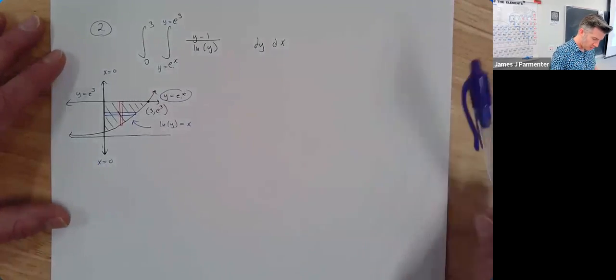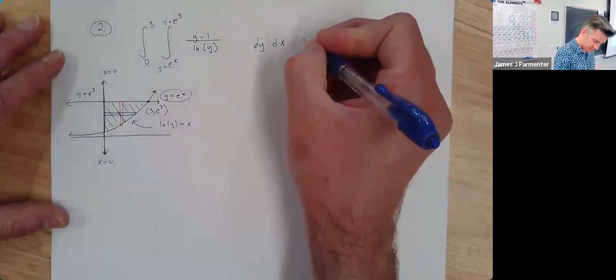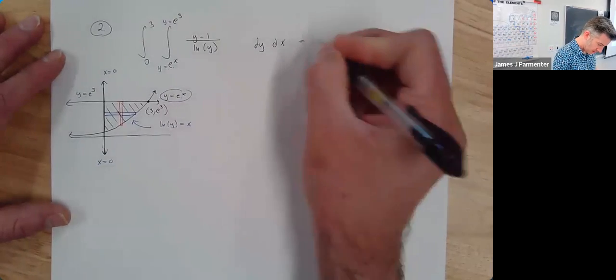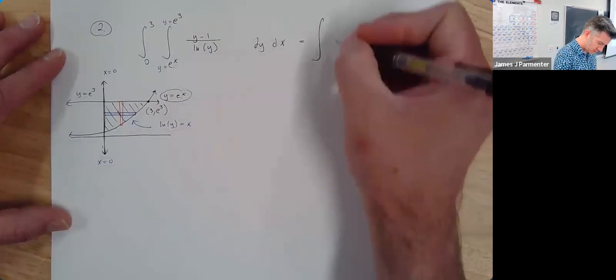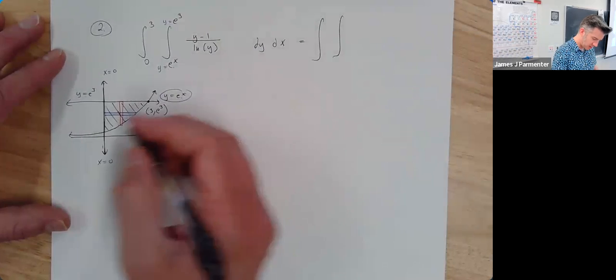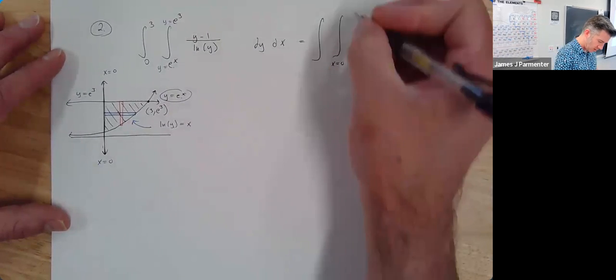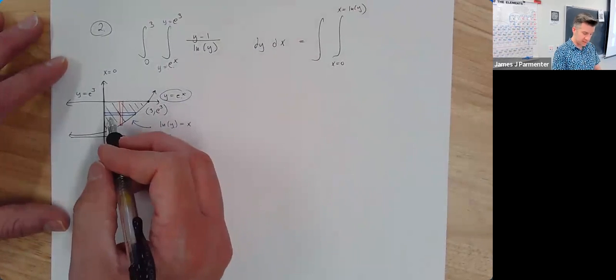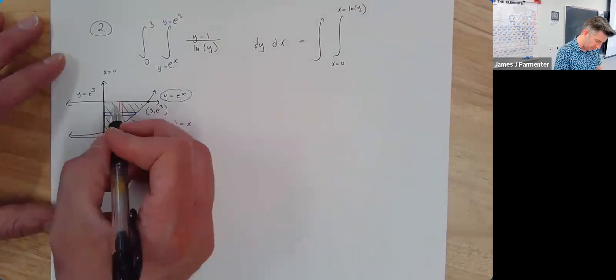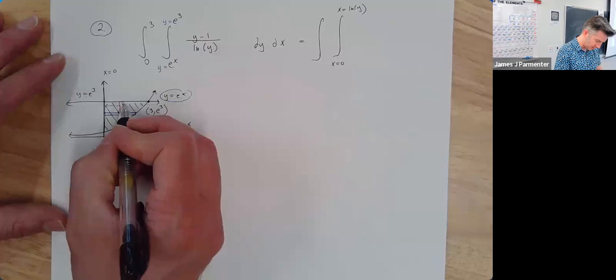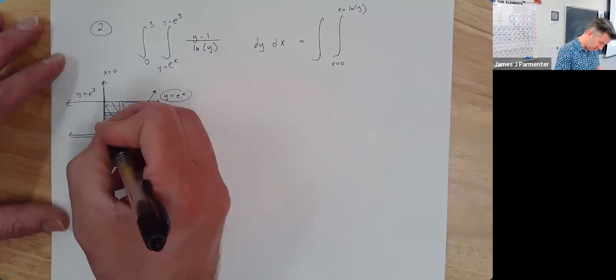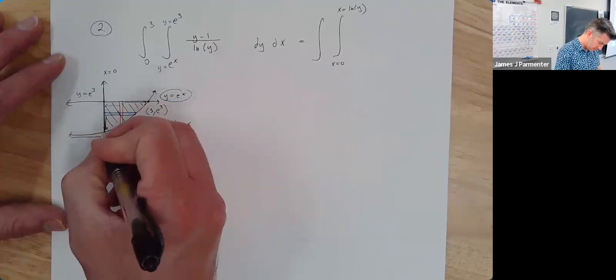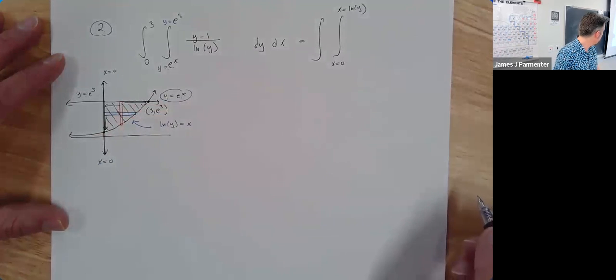So now we're going to rewrite this as a double integral where x is going from x equals 0 to x equals natural log of y. And then my strips, instead of going from left to right, like before they went from as far left as 0, as far right as 3, now they're going as far down as, what is that y value there?